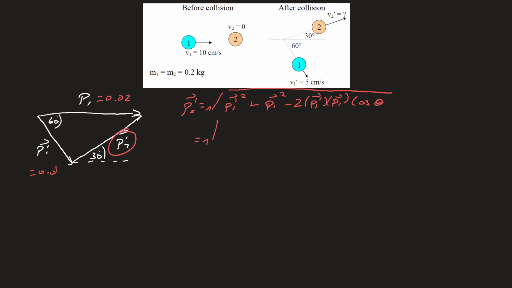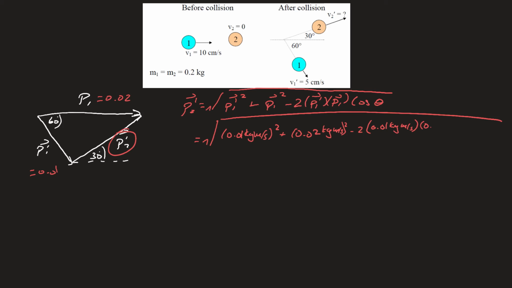So if I substitute all of my values in, I'm left with 0.01 kilogram meters per second all squared plus 0.02 kilogram meters per second all squared minus 2 times 0.01 times 0.02 times cosine of 60 degrees.